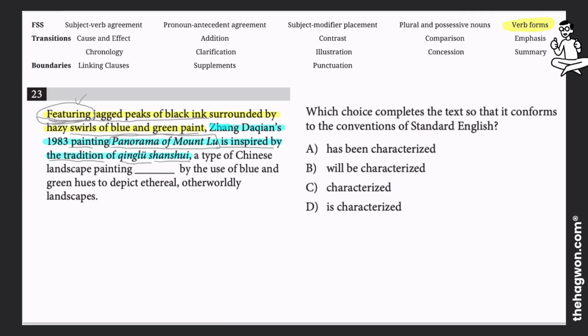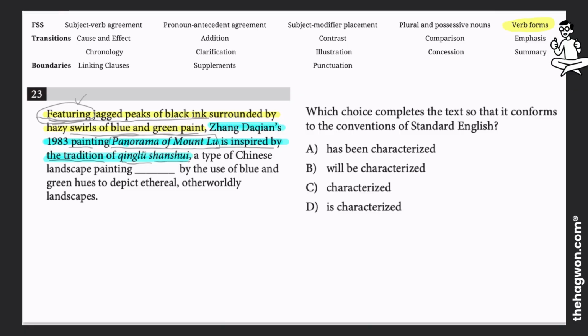Okay, this is our independent clause, right? Now, can I ask you, would you know what the subject and the object of this sentence would be? Normally, when you read from Zhang Daqian's 1983, you could think that the subject is actually Panorama of Mount Lu.